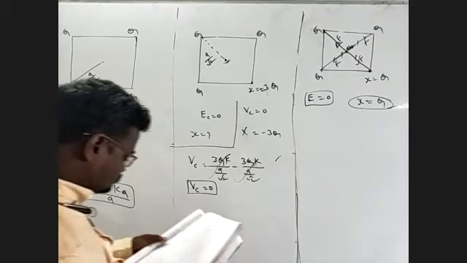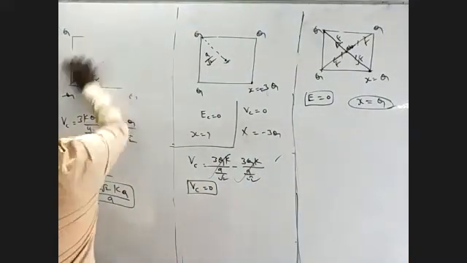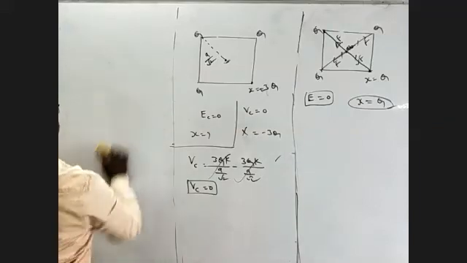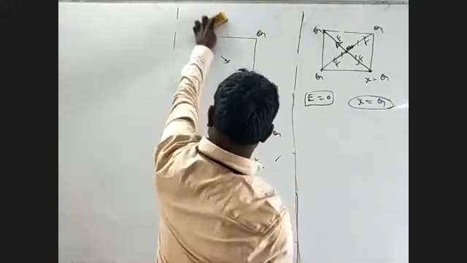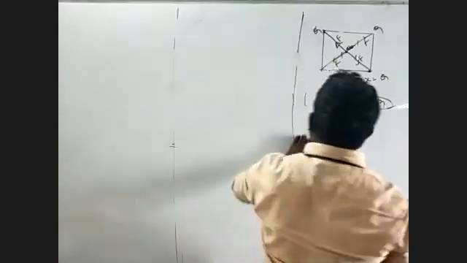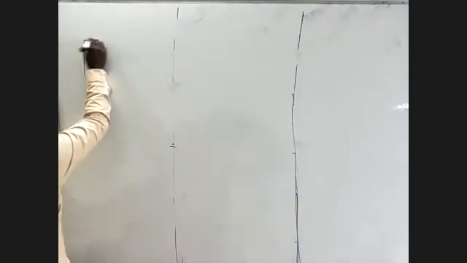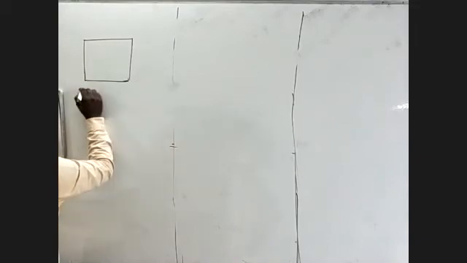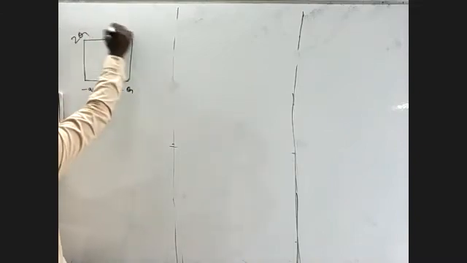Next is the square, with charges minus q and minus q, and 2 capital Q, this is 2q.